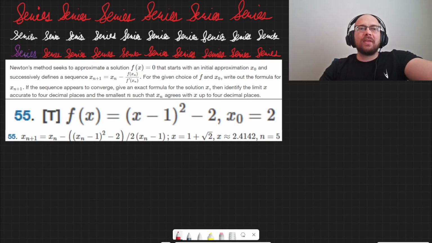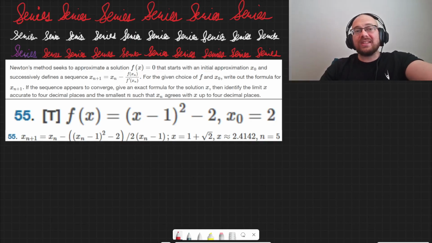Newton's method seeks to approximate a solution of f of x equals 0 that starts with an initial approximation x sub 0, or x naught, and successively defines a sequence x sub n plus 1 equals x sub n minus f of x sub n over f prime of x sub n. For the given choice of f and x0, write out the formula for x sub n plus 1.